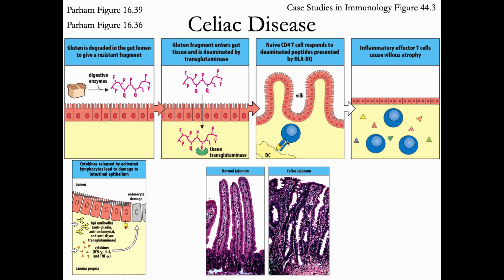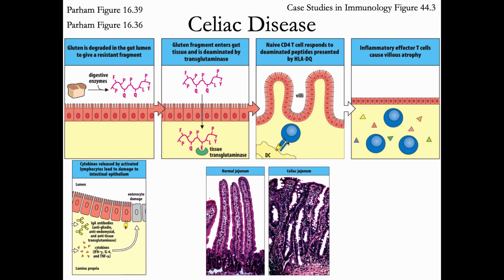Then you get this deaminated version of gluten. T cells start to make a response to this deaminated version of gluten and start to destroy the GI tract. Particularly the cytokines are going to cause a lot of problems.